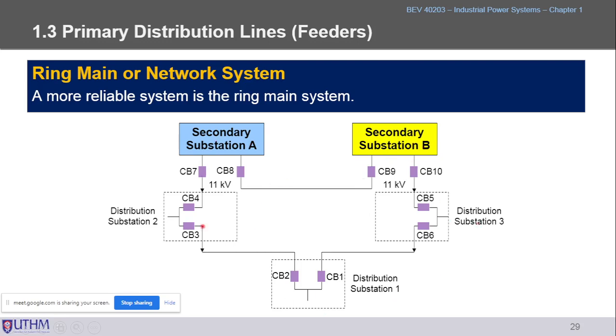This is the beauty of the ring, the most reliable among these three types of configuration. It is normally practiced in very reliable areas, like an airport. The airport will normally use the ring, meaning they will have an alternative source coming in if something happens to one of the sources here.